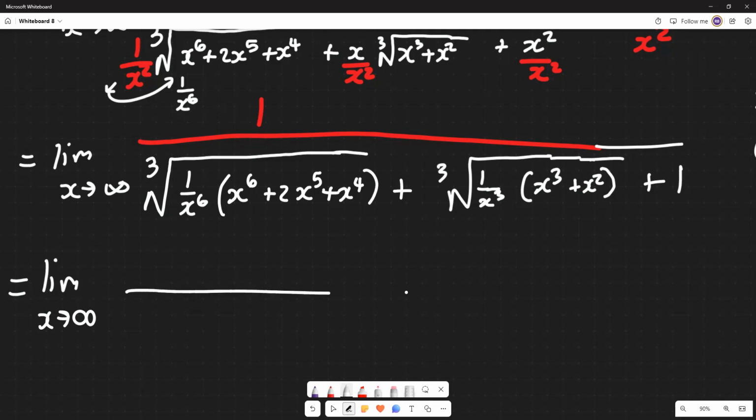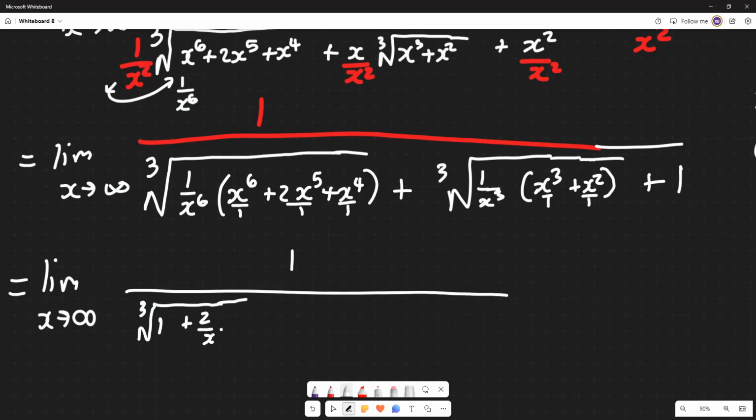We have 1 over, let's see what this simplifies to. This times that, I can see that everything is over 1, even that's over 1. So here I'm going to have just 1, and then plus 2 over x, because x to the 5 will minus here, since this is at the top and this is at the bottom.